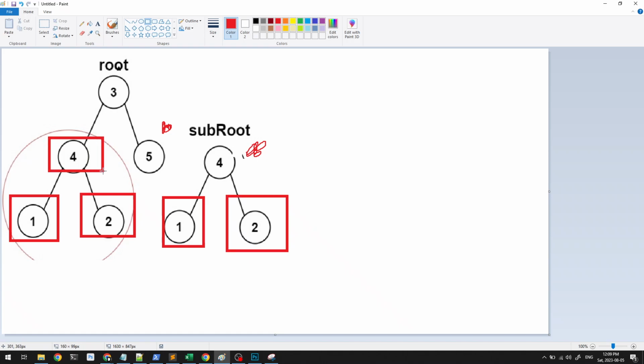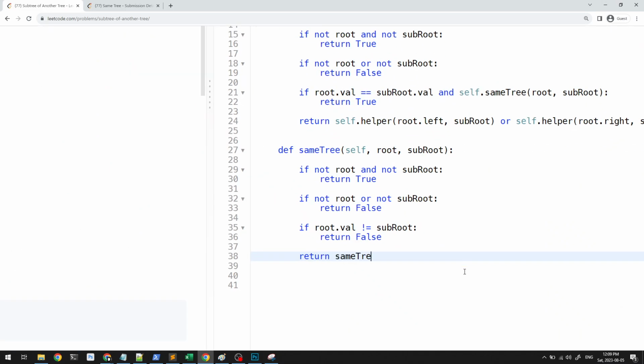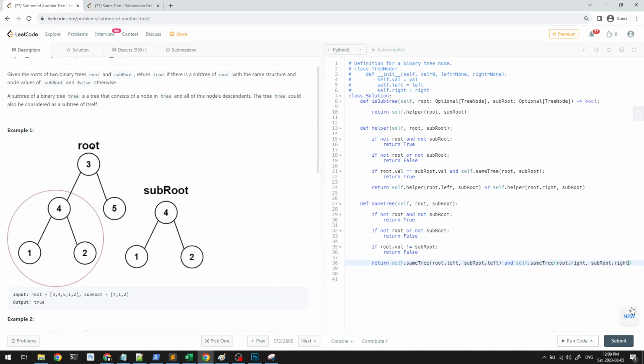We already established that the root is the same, but if the children are the same, then we know that the entire tree is the same. Then I can just return self.sameTree(root.left, subroot.left) and the right-hand side child is also the same: root.right, subroot.right. And that's basically this question.